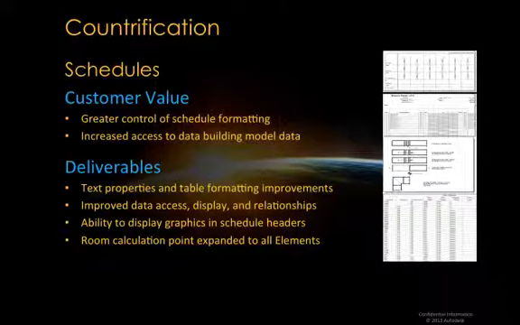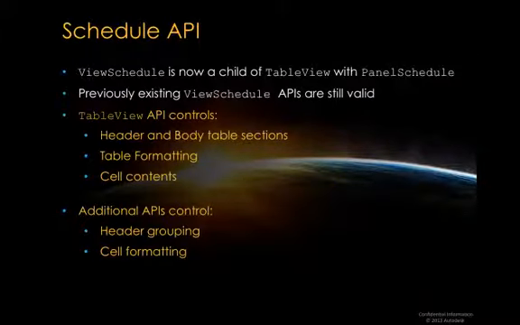In Revit 2013, schedules for the first time became accessible to the API, and we had control over the basics. In 2014, we have additional control over formatting and individual data items. To enable this, the ViewSchedule is now a child of the TableView, and the previously existing ViewSchedule APIs are still valid.